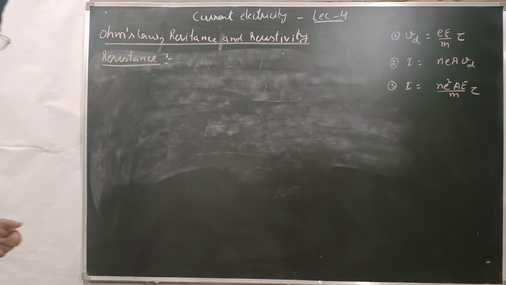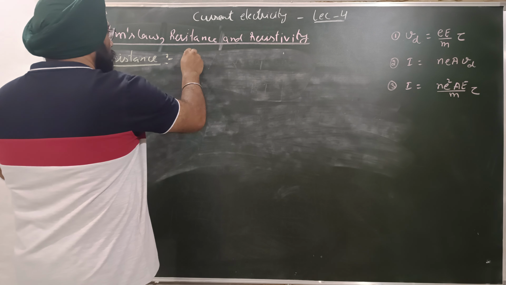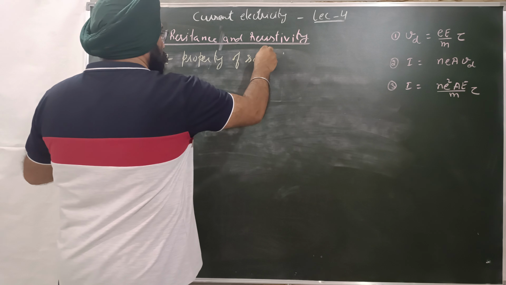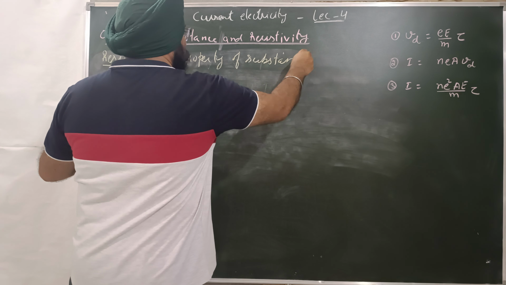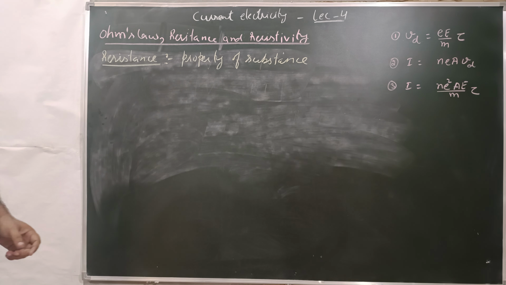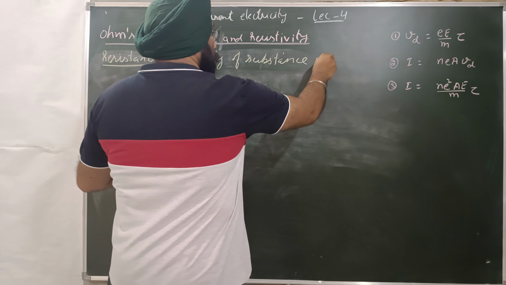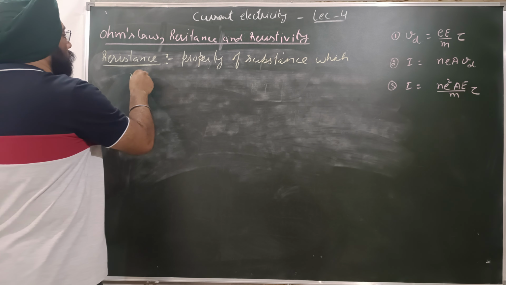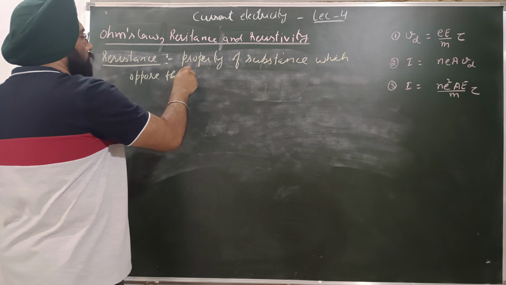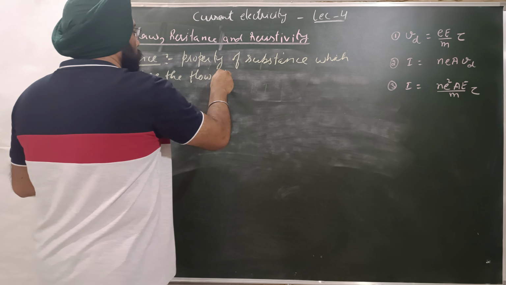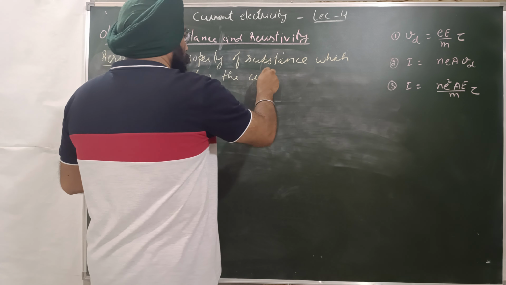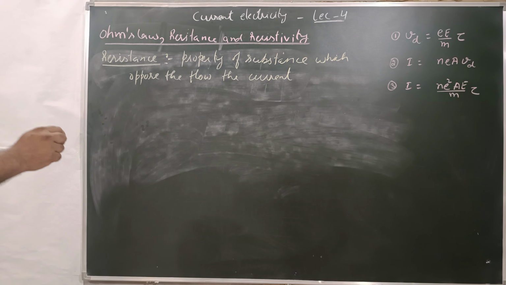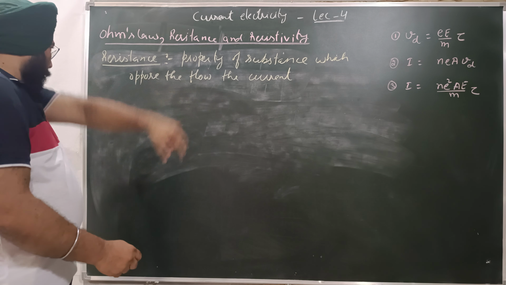It is defined as the property of a substance, or we will say the conductor, which opposes the flow of current through it.